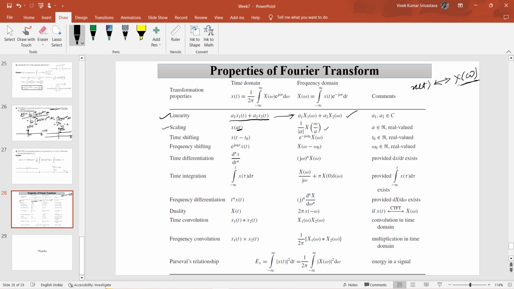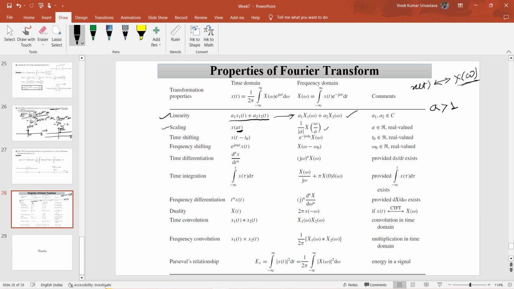It means that if you expand the time axis in the time domain representation, you will compress the corresponding frequency domain. Suppose a is positive, a is greater than 1.